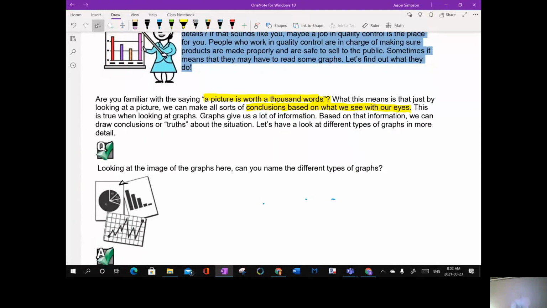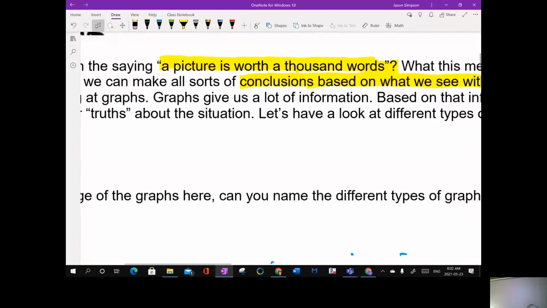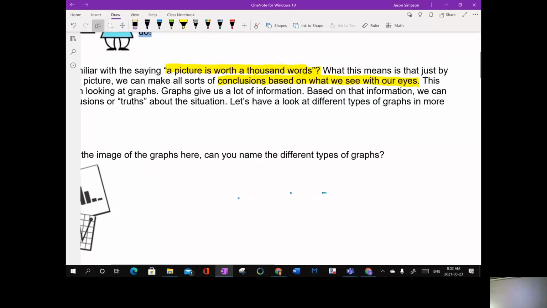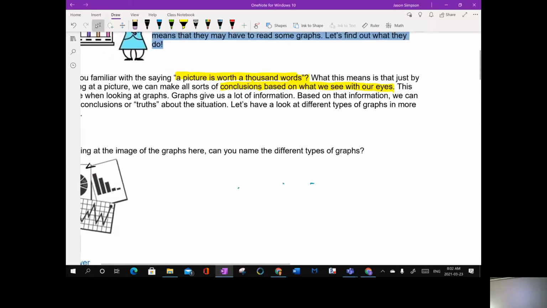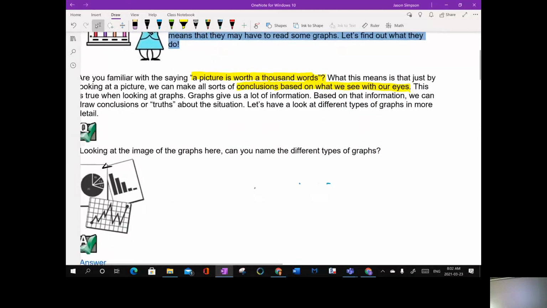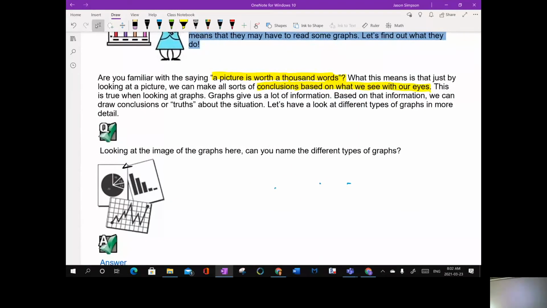Have you ever heard of the concept that a picture is worth 1,000 words? Well, what that means is that using a picture allows us to make conclusions. And because every different person has a different way of saying what those conclusions are, there are technically more than 1,000 words available for that representation.